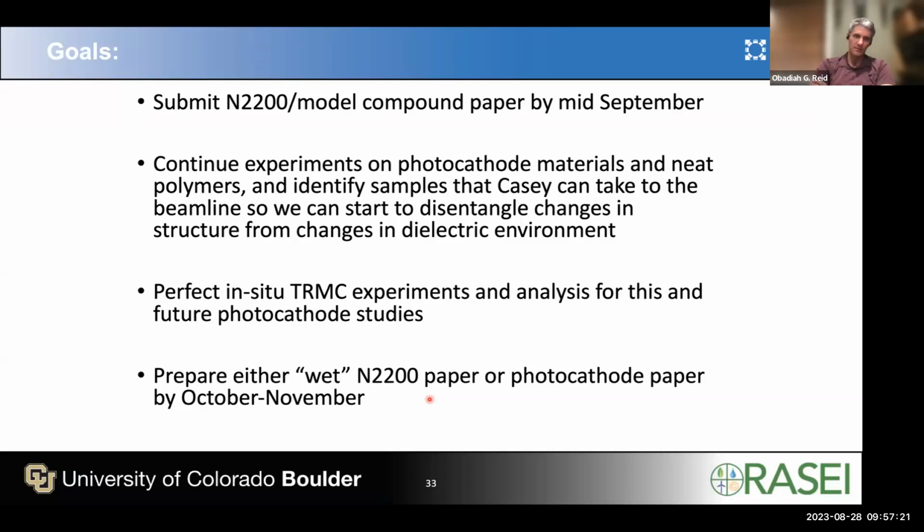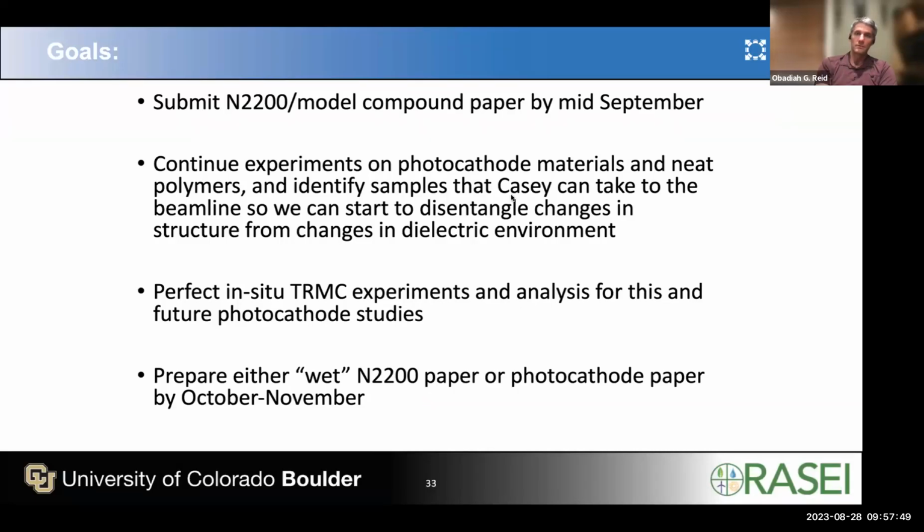But given the current puzzle over understanding why the water is doing what it's doing, that's just a conversation we're going to have about how observational we want to be versus how conclusive from a fundamental perspective we want to be before presenting this to the community. So that's it. Happy to take questions or suggestions.